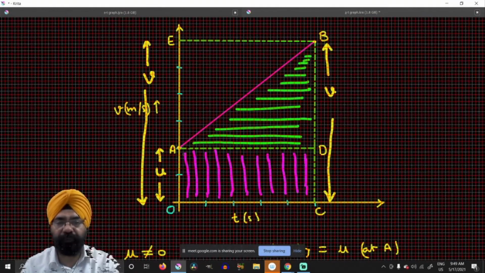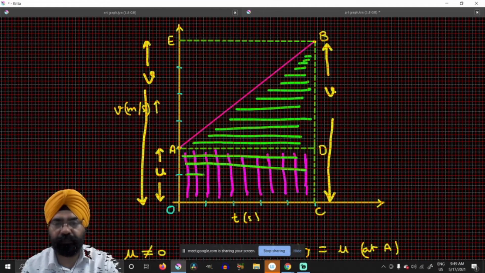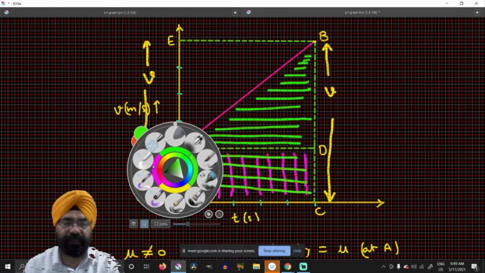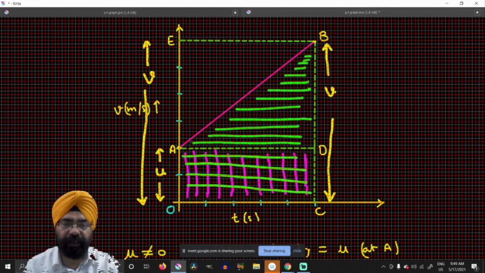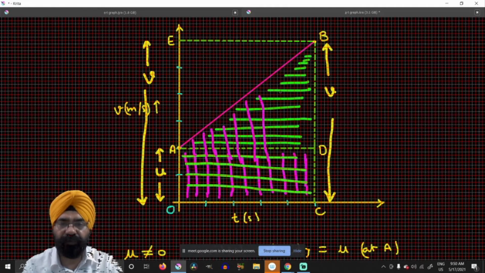So this time we are looking at the whole trapezium, so we bring the green line and take this area forward. Now the entire area of pink and green is what we are interested in, and we do it in one go. Previously we had divided it into two parts.